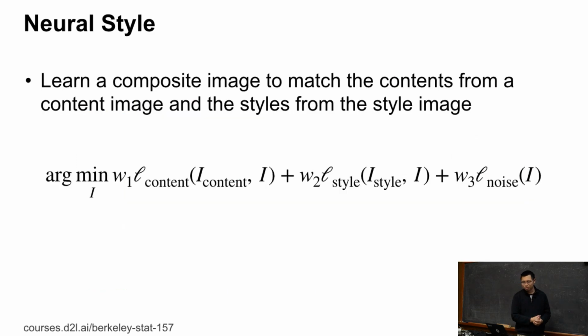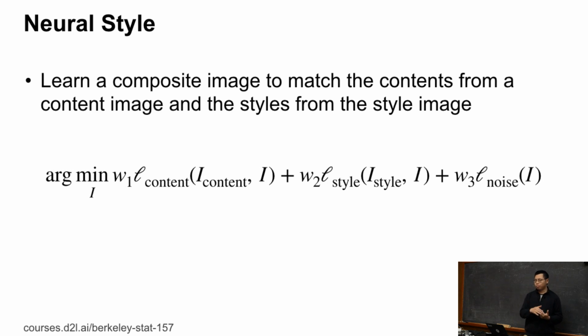Okay, so here's the math. I is the image. I_content is the content image, and I_style is the style image. We want to learn a composite image I by minimizing three things. The first is the content loss, comparing my learned image to the content image.